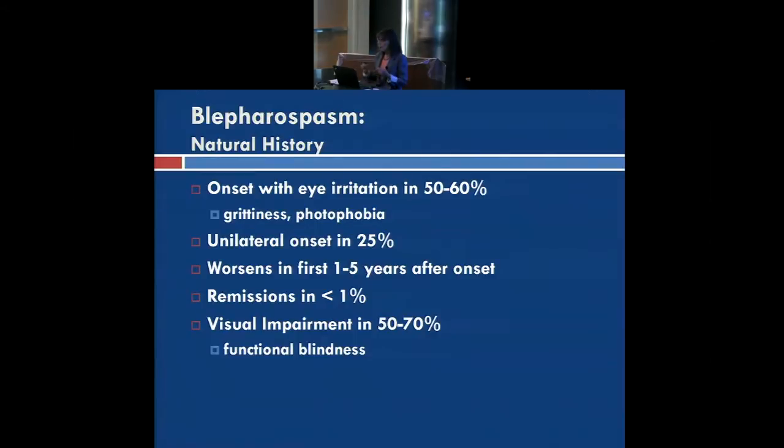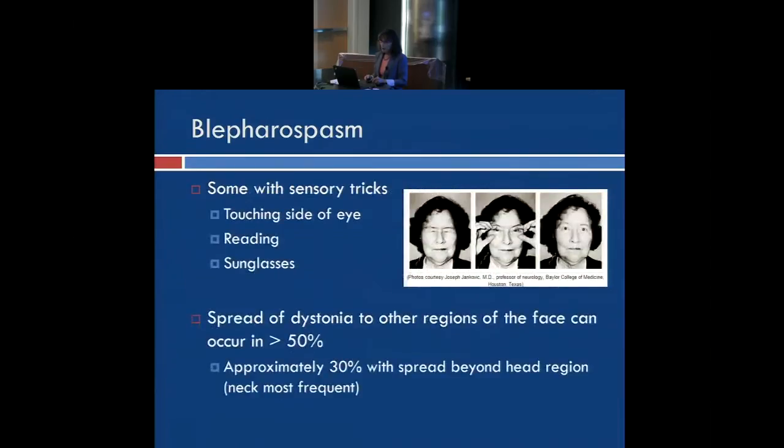In some people, there is a sensory trick. Some people will notice that if they do certain movements or certain touches around the eyes, the eyes will open up. And some people, when they read, find that their eyes tend to open up. This isn't true of everybody. Everybody is so different with this disorder.